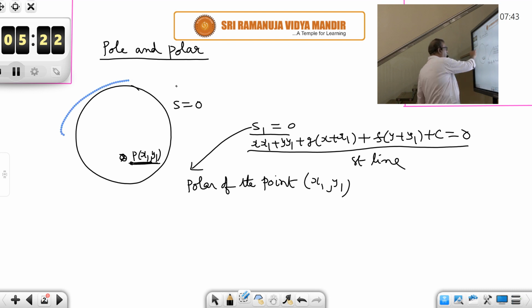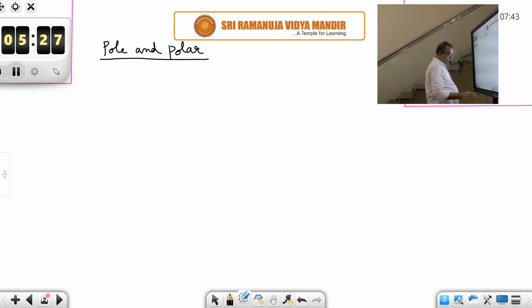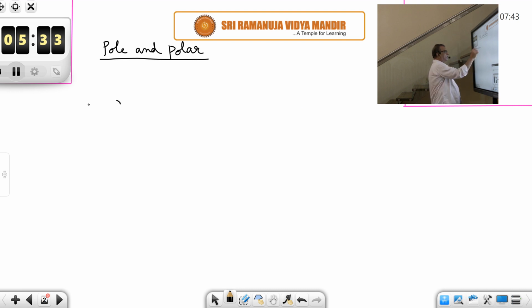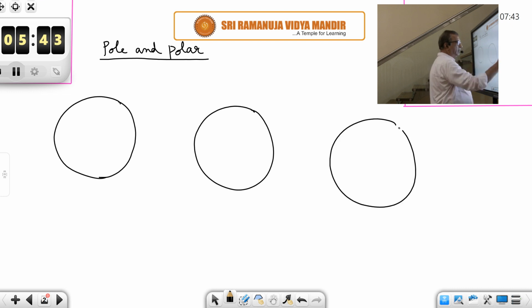So let us consider three cases. Circle, first case. Second case, circle. Third case, circle. Everywhere the circle is S equal to 0 only.